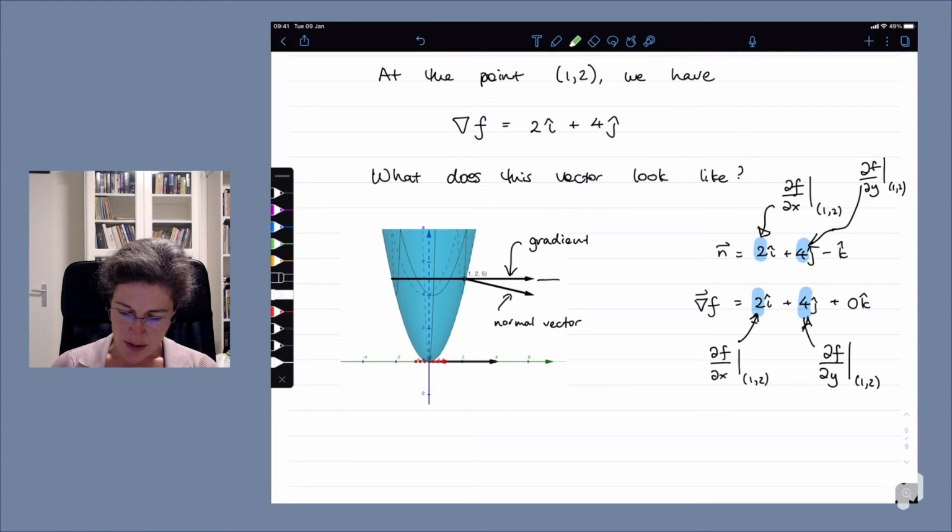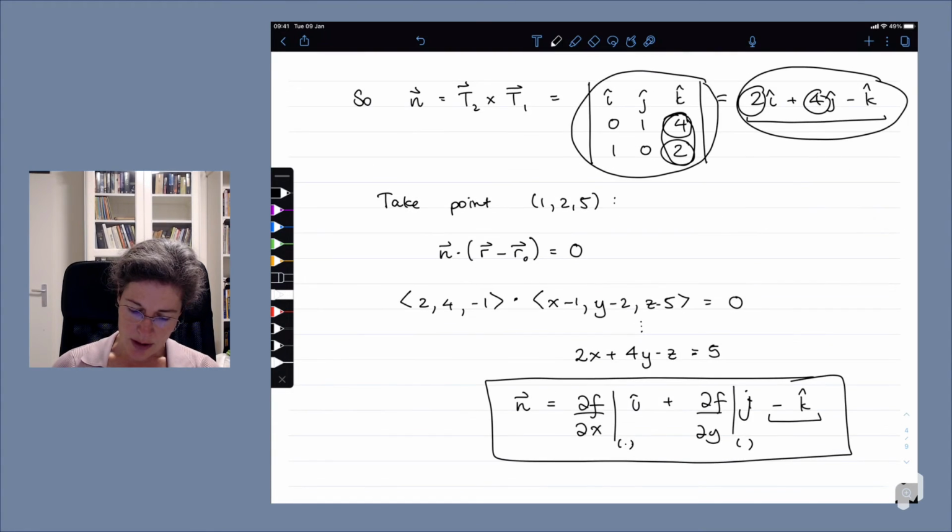Our gradient has a 0 component in the z direction, whereas our normal has a -1 in the k direction. Now, the one thing that I just want to highlight is this -1 that we got for our normal over here. You would get a -1 no matter what function you were dealing with, because that -1 came out of the cross product that we did up here.